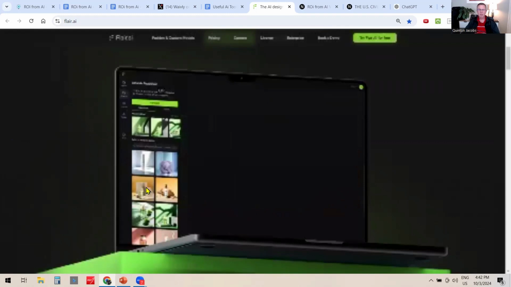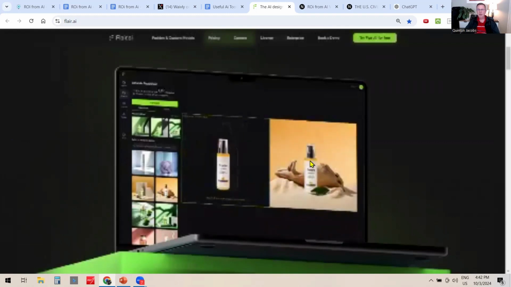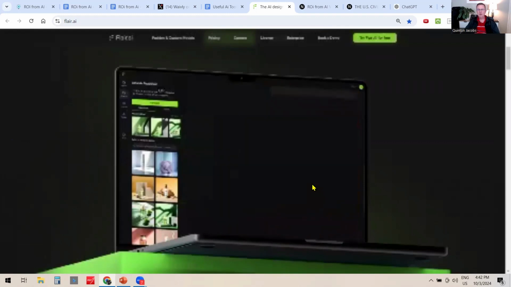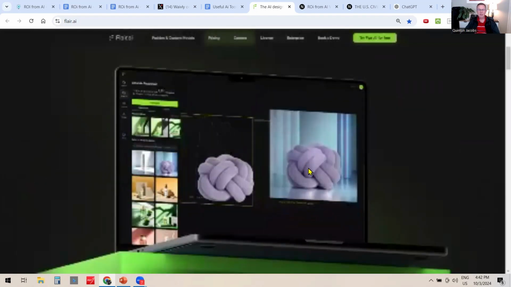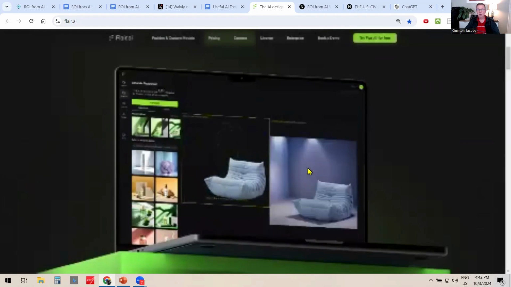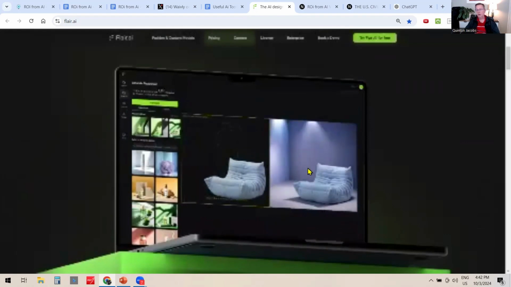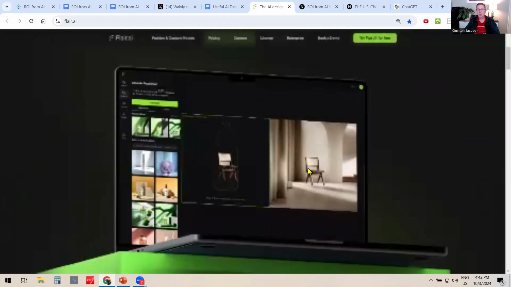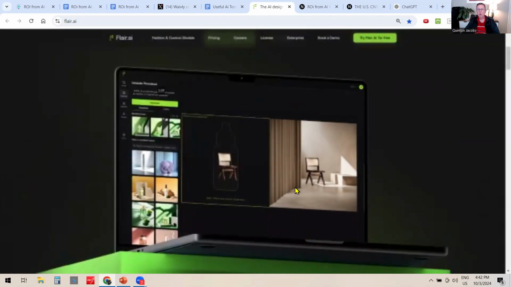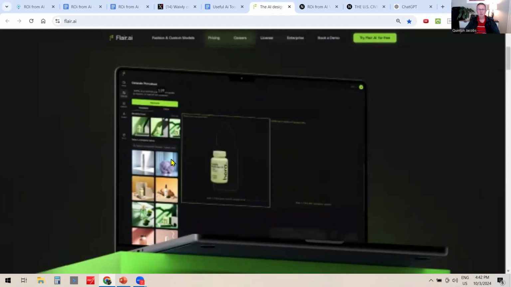You literally just take a back shot of your product, and then the AI will add any sort of background to it, both video and static pictures, which if you're selling on Amazon or Takealot or on a website or whatever that is, is going to make your products look way more attractive. And it's all just with AI.